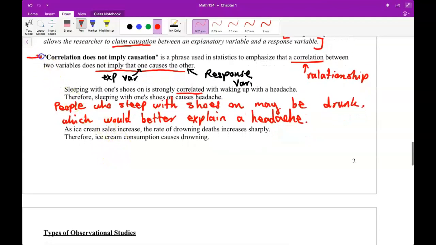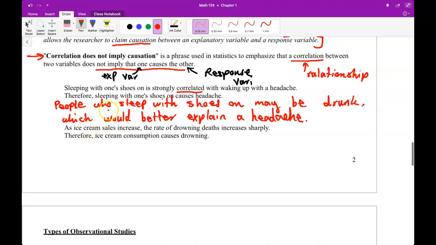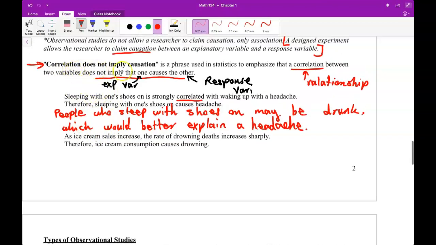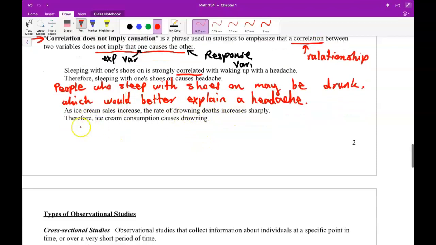So this is what we did on this one. Correlation doesn't imply causation. We may have other reasons for that outcome.